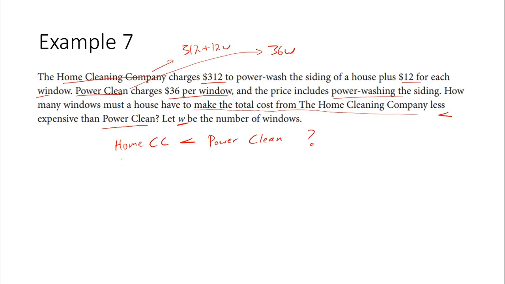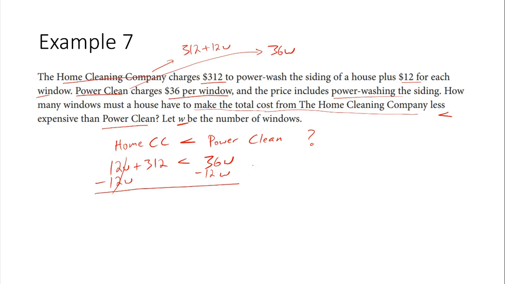So, home cleaning company, we already had $12 per window plus the $312. Power Clean, on the other hand, is $36 per window. All right, let's try to figure this out. Subtraction property: let's find the difference in our rate of change.